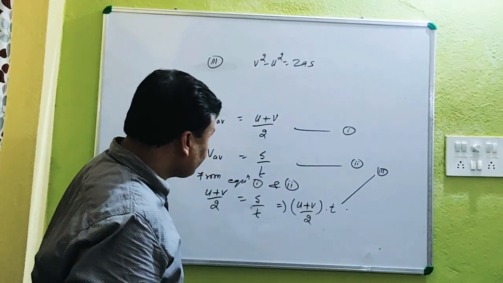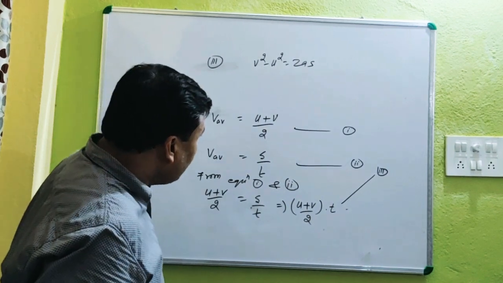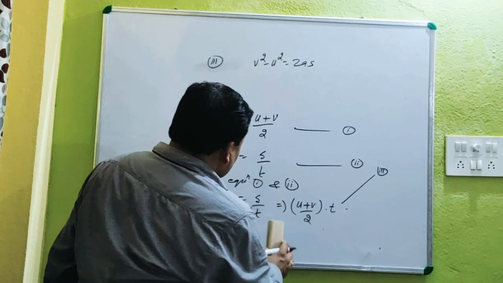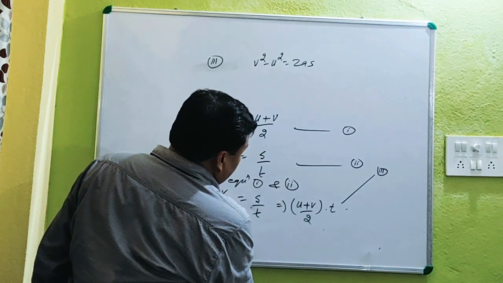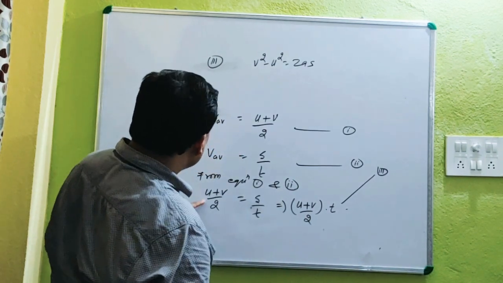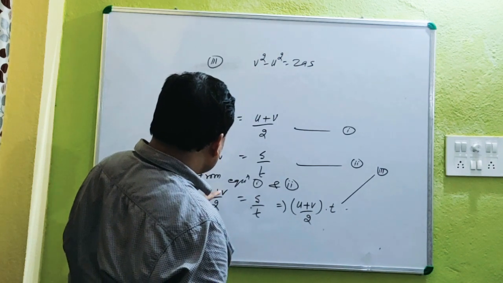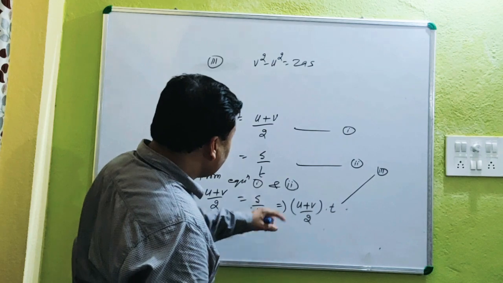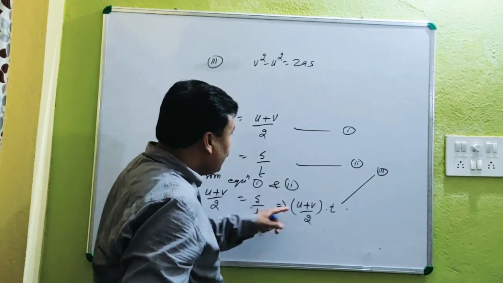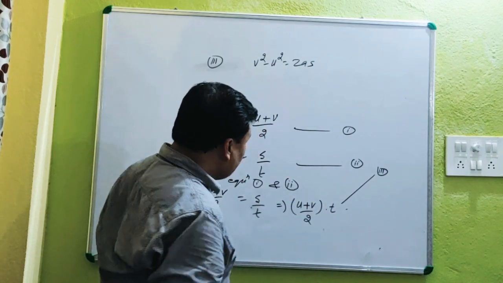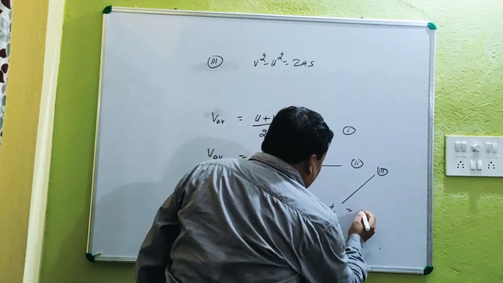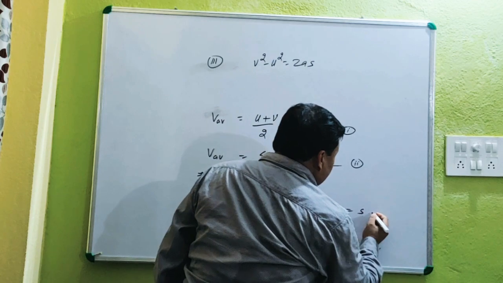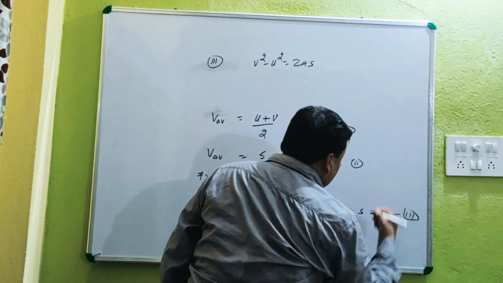So from the second equation we have (u plus v) by 2 into t equal to s. Okay, this equation is the third equation.